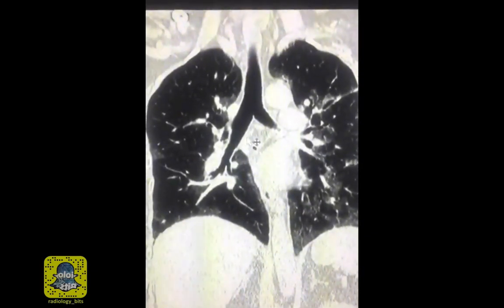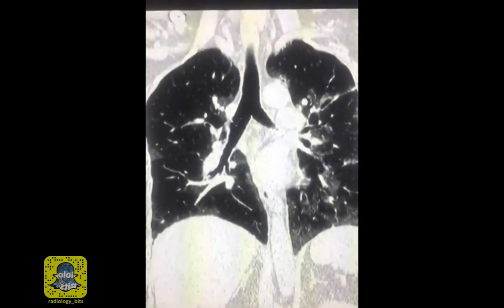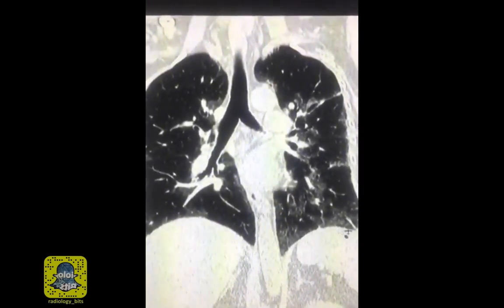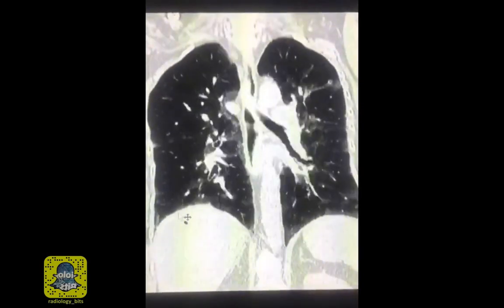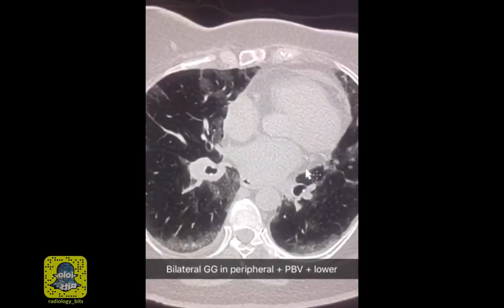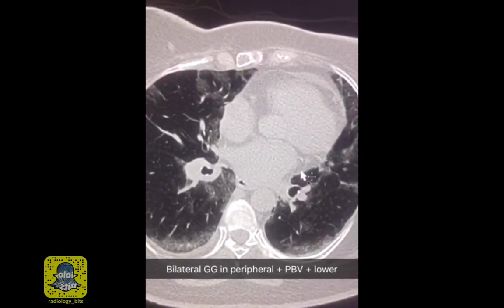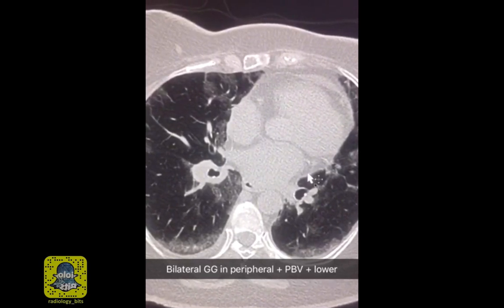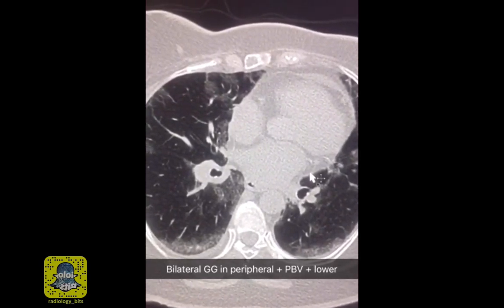By that I mean if there is predominance in the upper versus the lower lungs, and you could tell here that the lower lungs are more involved. Just scroll back and forth to give you a better appreciation of the slight lower lung predominance. So putting everything together, you have a bilateral patchy ground glass abnormality in peripheral, peribronchovascular, and lower lung predominance.